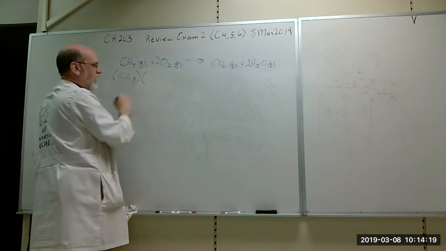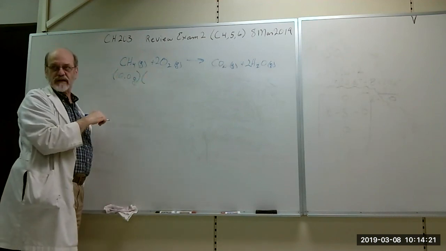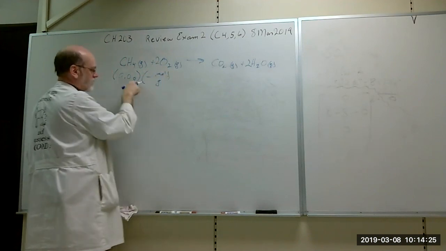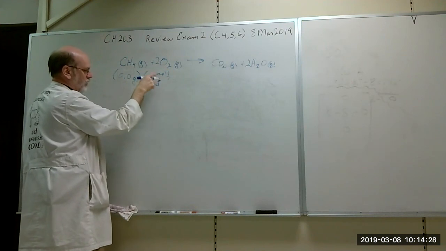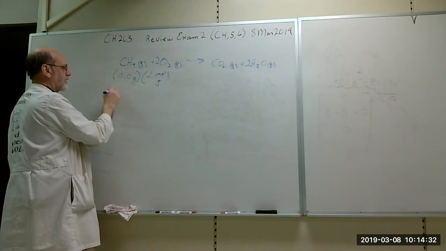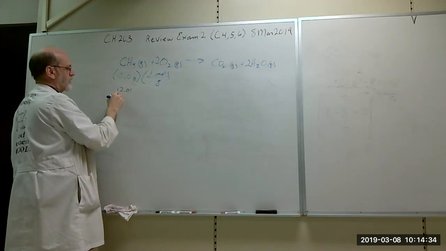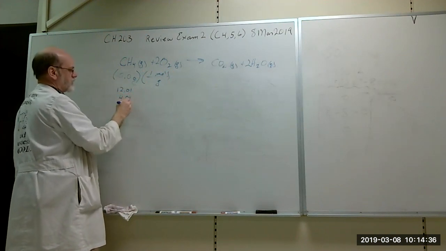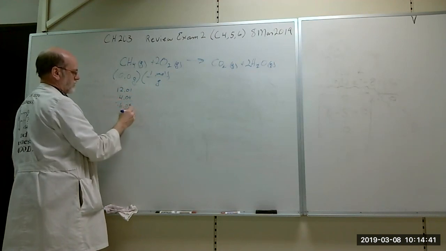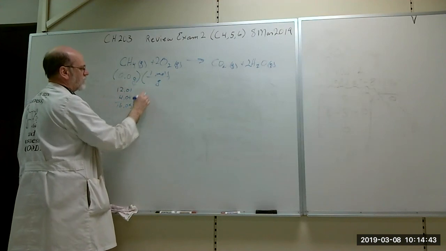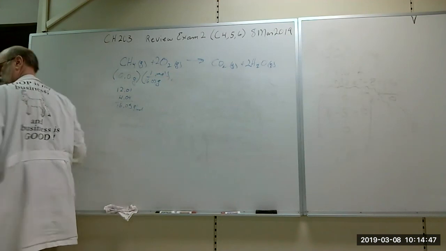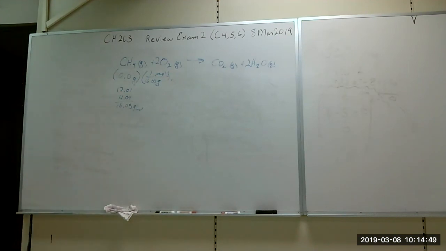That's why I hammered conversion factors so hard at the beginning. Cancel the grams and leaves you with moles. So you need to know the molar mass of methane. That's 12.01, and 4 hydrogens is 4.04, which is 16.05 grams per mole.